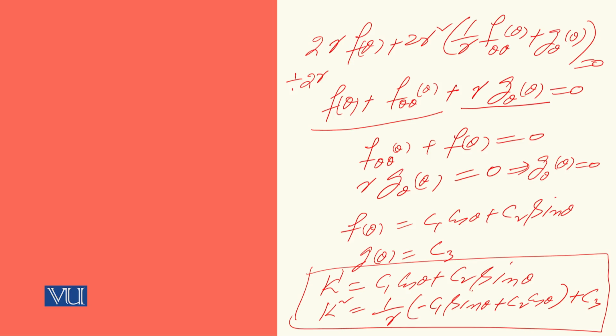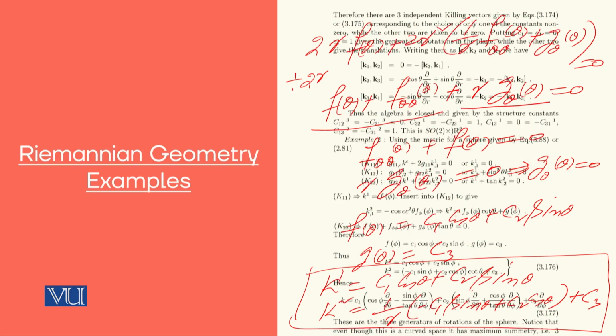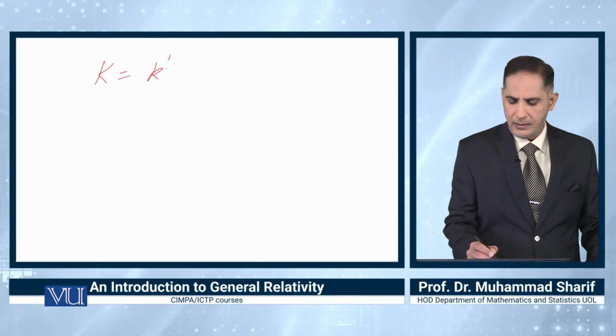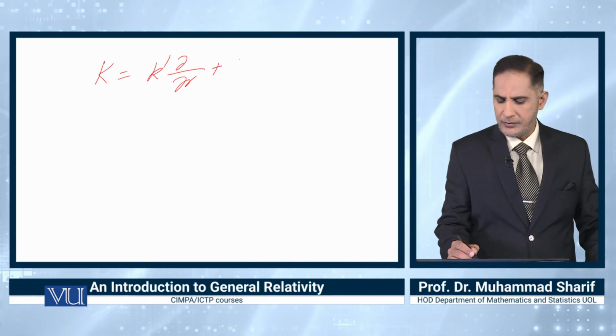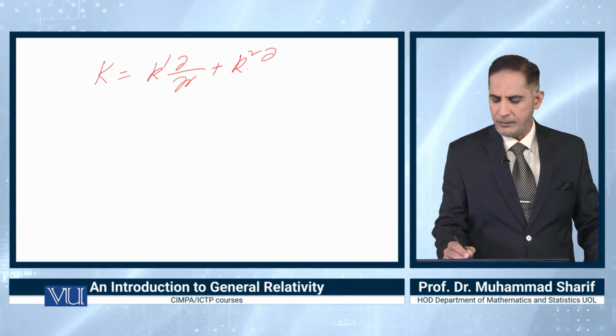Now the interesting and important point is how to find the generators from here, because the real application of the symmetries or Killing equation is to find the generator. So this can be done like this. You just write down k is equal to k1 partial by partial r plus k2 partial by partial theta.